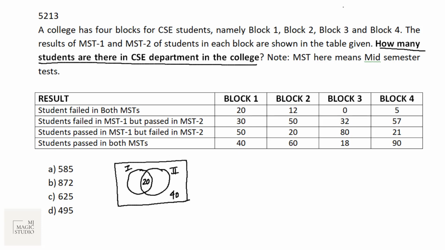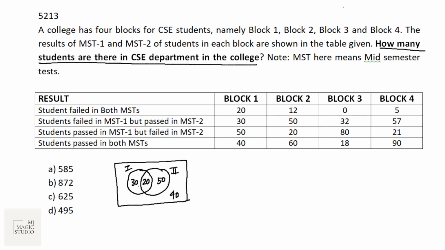So they have failed in 1, but they have not failed in 2. That means this portion only should be 30. Passed in 1 but failed in 2, this should be 50. Passed in 1 but only failed in 2.